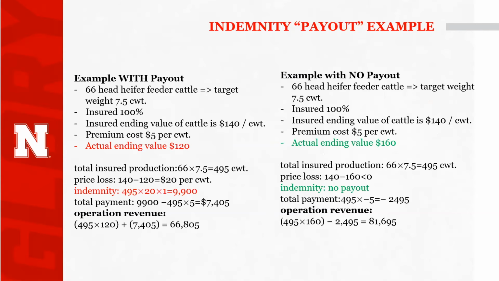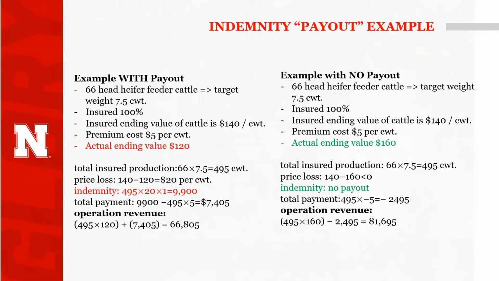Okay, so let's walk through an example of what this payout would look like, right? So let's say we have 66 head of feeder cattle and we're expecting them to weigh about 750 pounds. We go through that list and we say, okay, we pick out a coverage level price of 140.